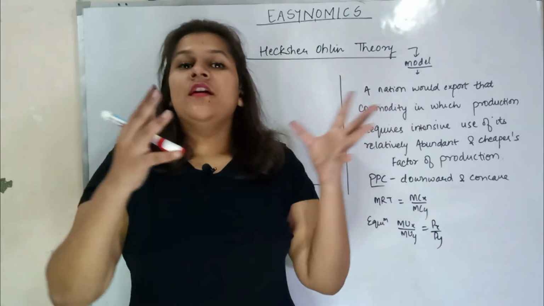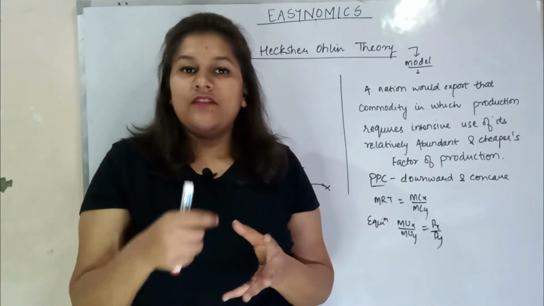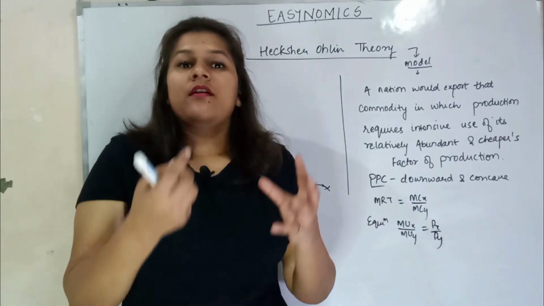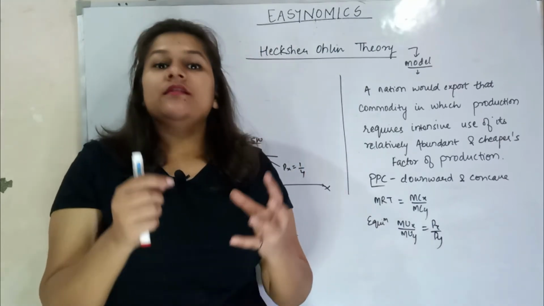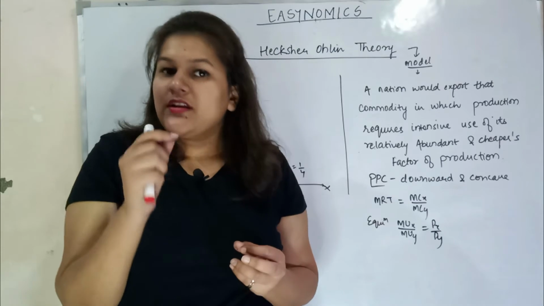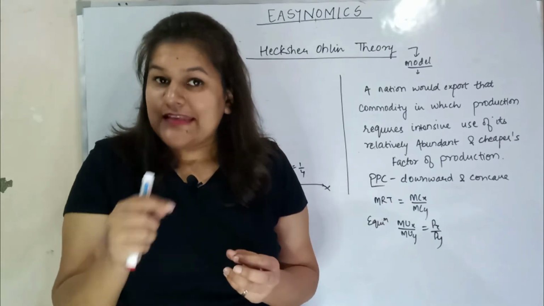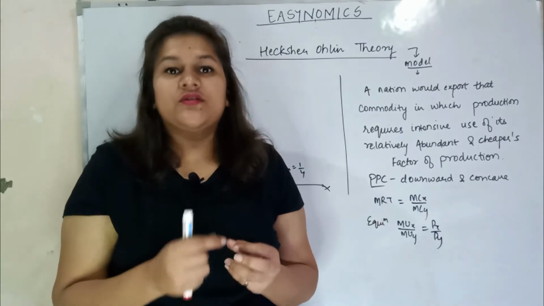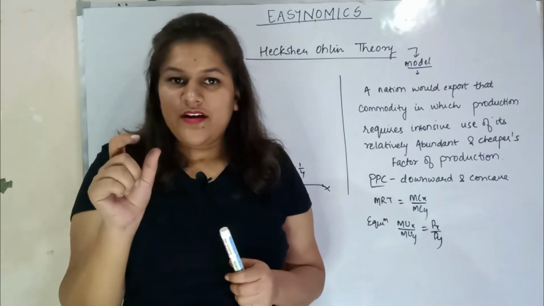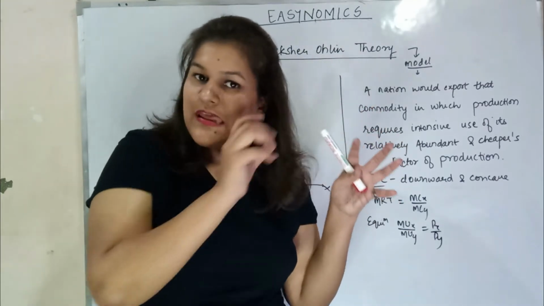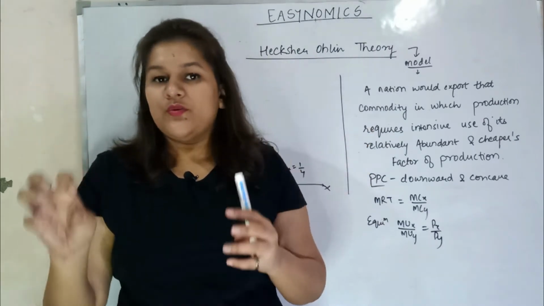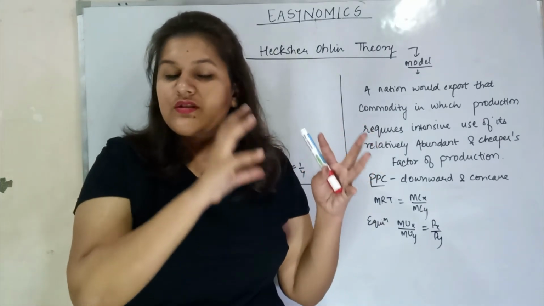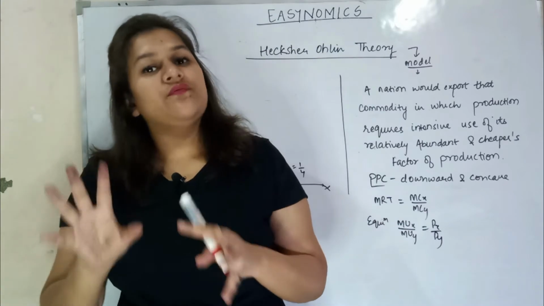It means if country 1 is relatively abundant in labor, then it will end up producing that commodity which requires intensive use of that factor of production. For example, X is labor intensive, country 1 has more labor, so country 1 will produce commodity X and country 2 will produce Y.